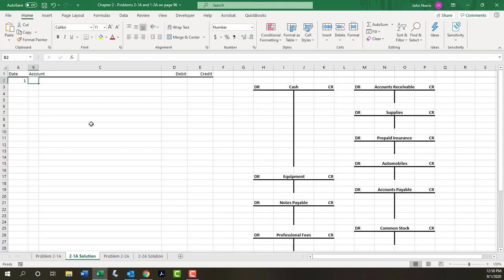Transaction A is issued common stock in exchange for $30,000. So the debit here is to cash and the credit is to common stock, and the amount in each case is $30,000.